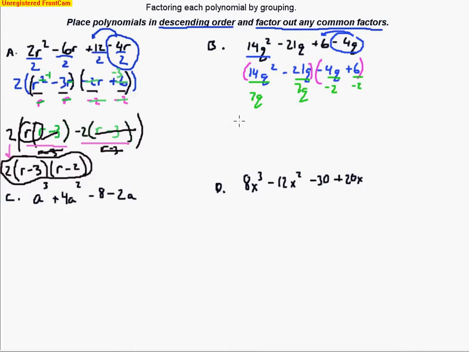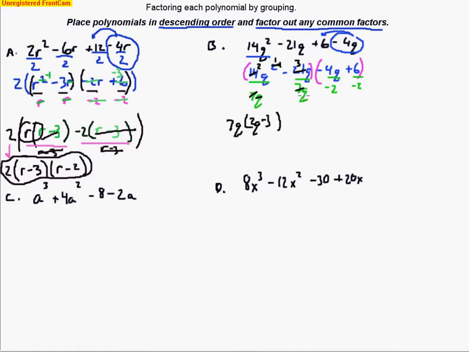So we've got that 7q on the outside, and we do some reducing, and we go ahead and take out the 7's, and we have 2 left over. Here we take out a q, and we have 1q left over, so we have just 2q. Over here, this 7 will cancel out this 21, leaving us with 3, so minus 3.